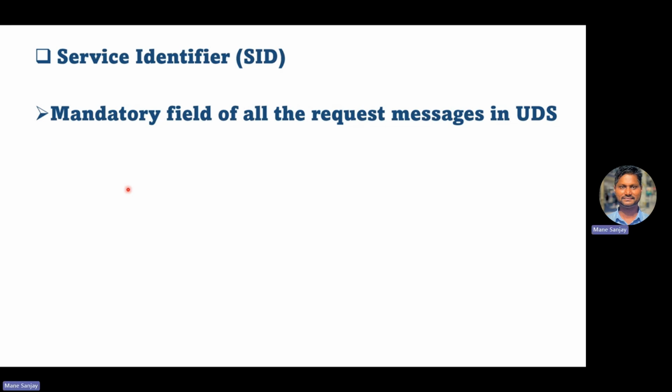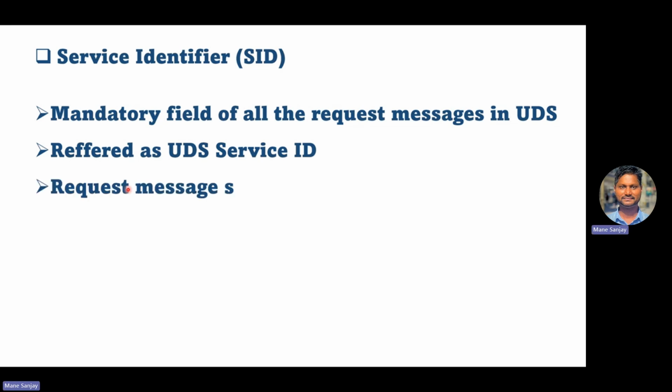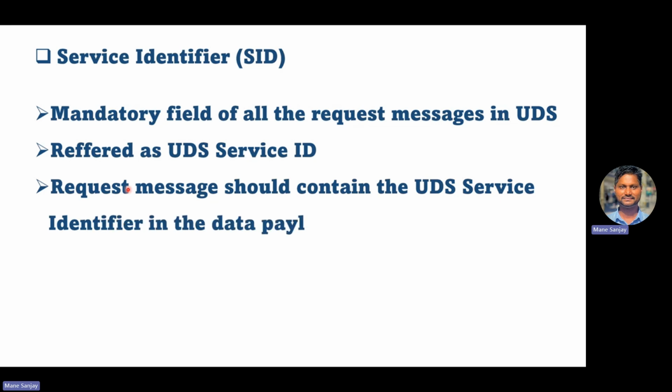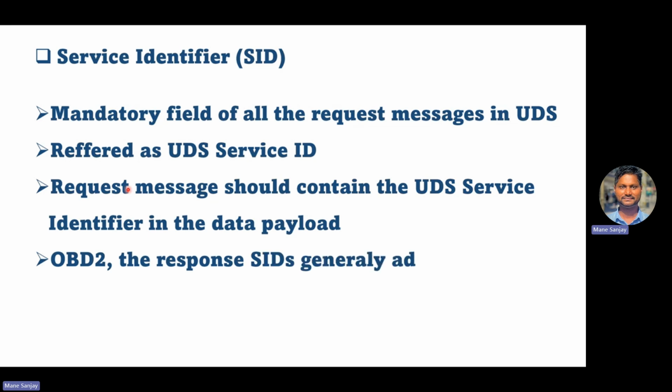Sometimes it is referred to as the UDS service ID. When you wish to utilize a specific UDS service, the request message should contain the UDS service identifier in the data payload. That is very important. The response SID generally adds 40 to the requested SID when the response is positive. If you are sending a request and that service is implemented in the ECU, then the ECU generally adds 40 to that SID, and you get the positive response.